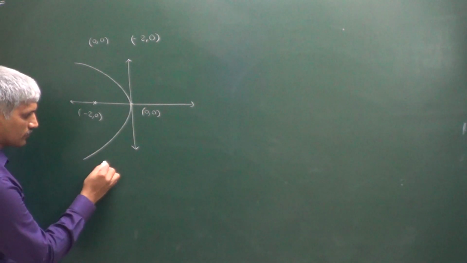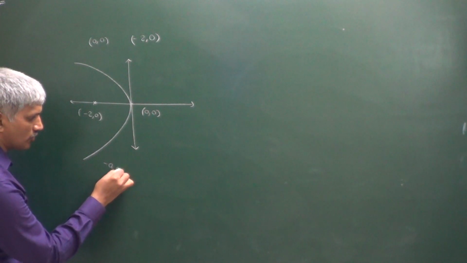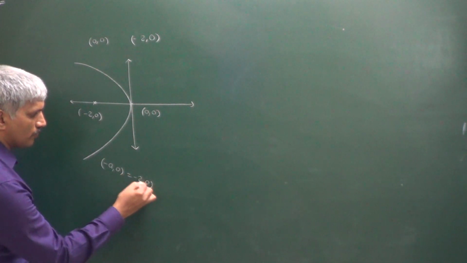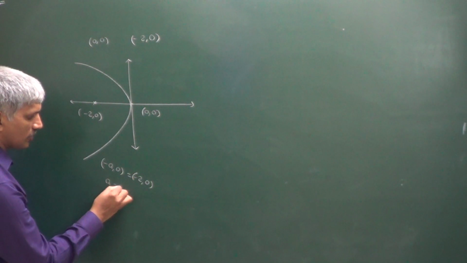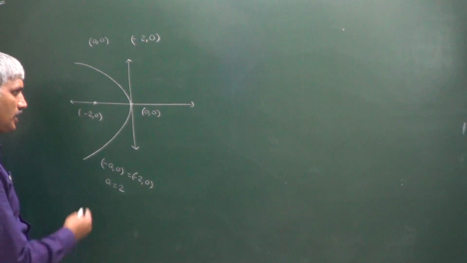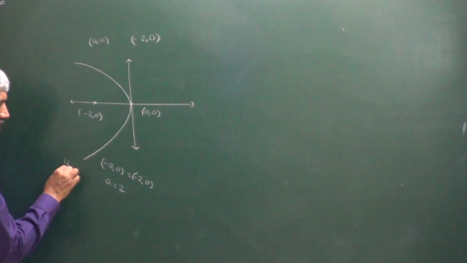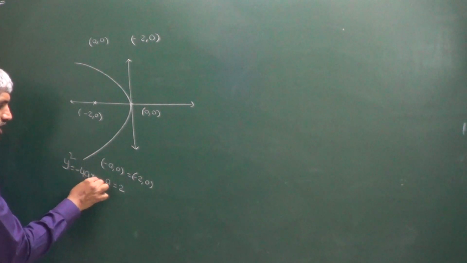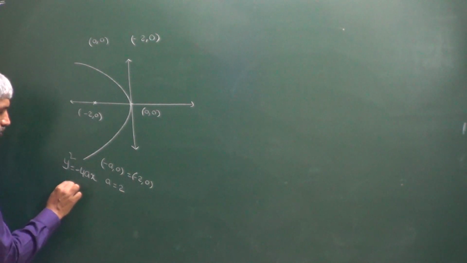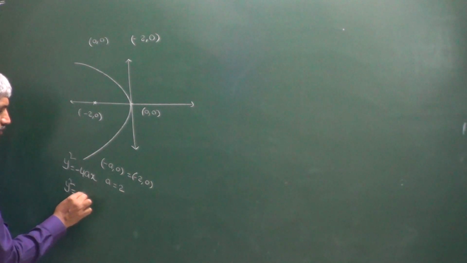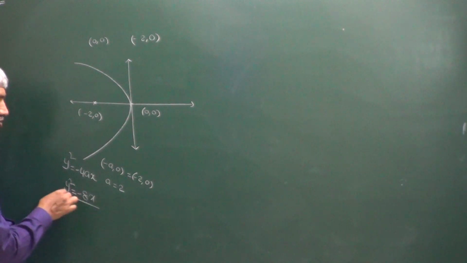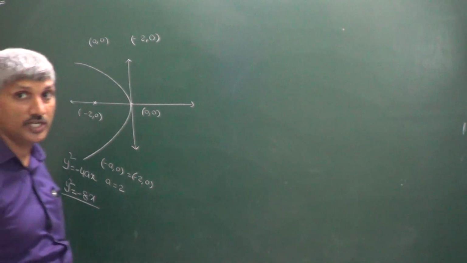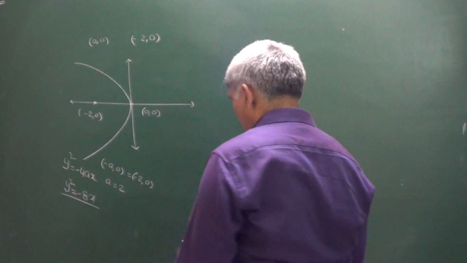So here the focus we are getting is (-a, 0) = (-2, 0). That's why a = 2. The equation of this parabola is y² = -4ax. With a = 2, the equation of the parabola we are getting is y² = -8x.